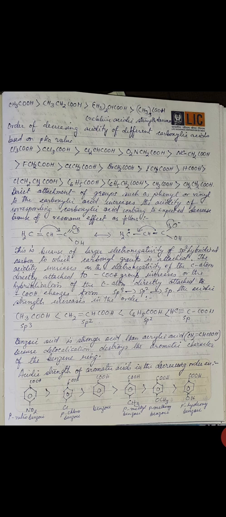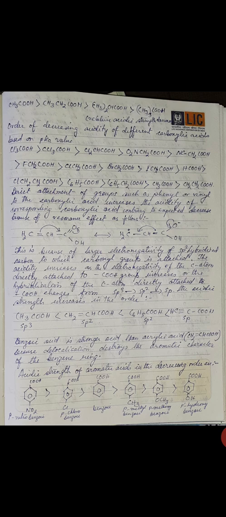So direct attachment of groups such as phenyl or vinyl to the carboxylic acid increases the acidity of the corresponding carboxylic acid, contrary to the expected decrease because of resonance effect. This is because of the larger electronegativity of the sp2 hybridized carbon to which the carboxyl group is attached.